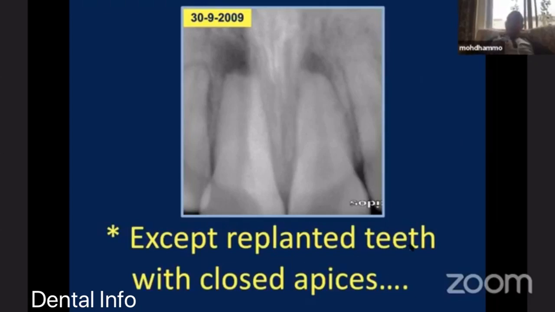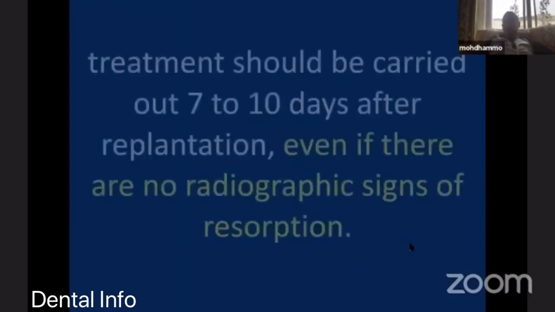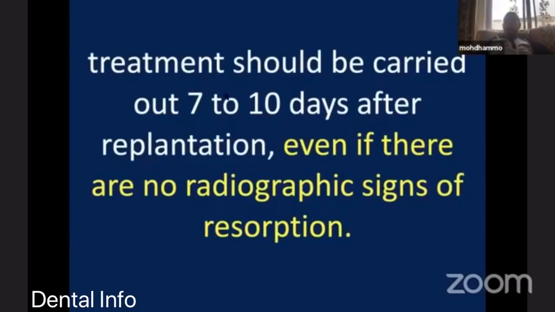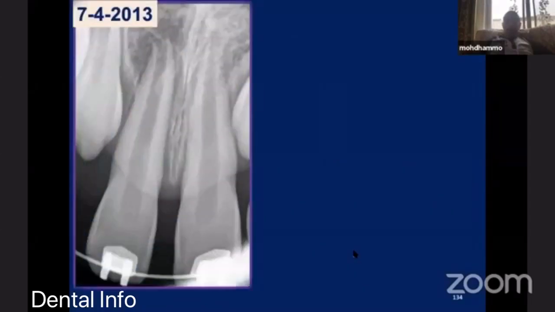If you have an avulsed tooth and you make replantation, you should start root canal treatment even without seeing any resorption. So the treatment should be carried out 7 to 10 days after replantation, even if there is no radiographic sign of resorption. We will not wait for resorption to occur. We have to start making the root canal treatment immediately.